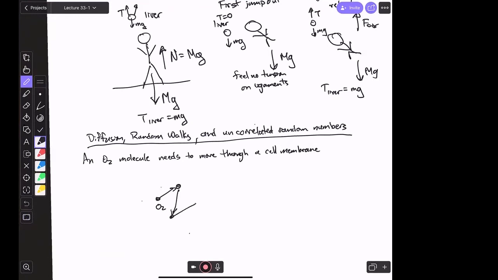It hits something else, moves here, hits something else, moves here, hits something else, moves there. It looks like it's moving more or less randomly, and it is basically moving randomly. So we can model this with what's called a random walk.